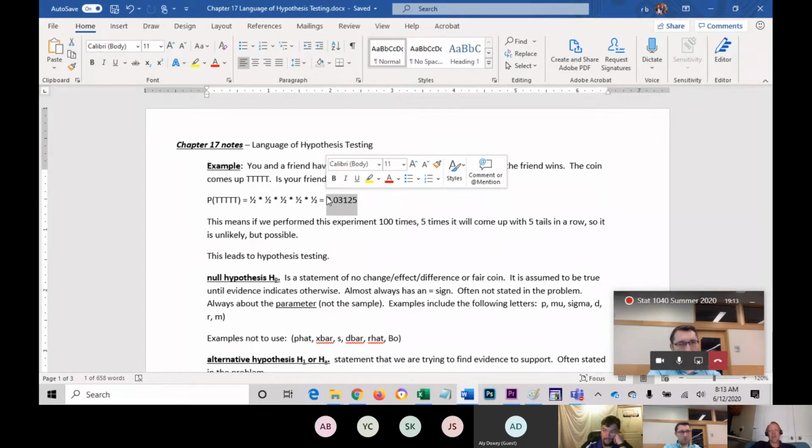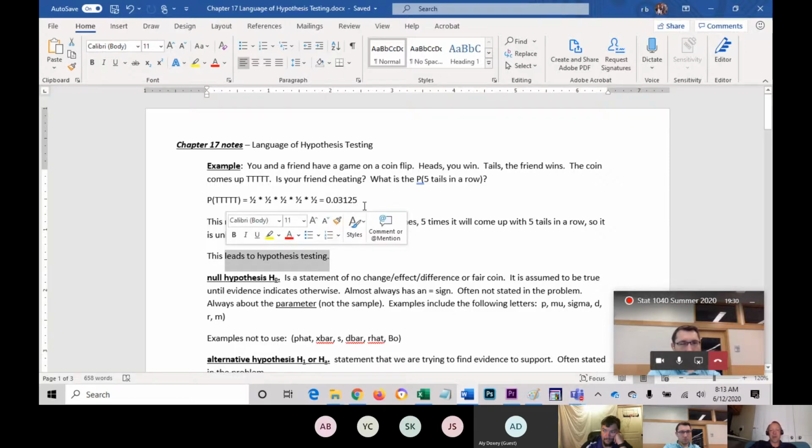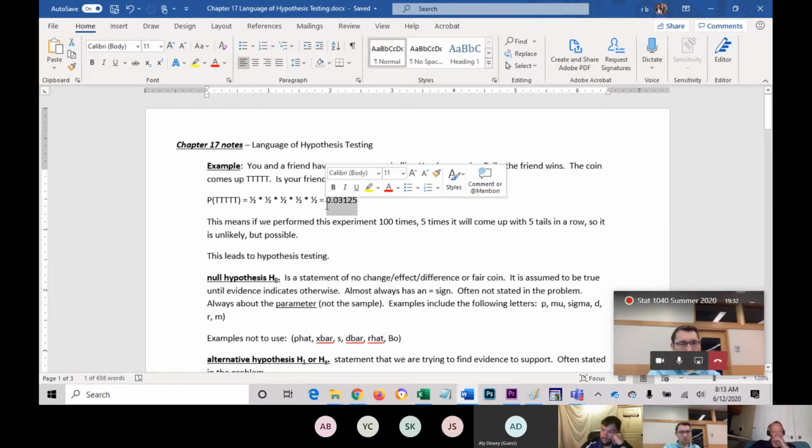It only comes up tails 5 times in a row 3% of the time. So you might be pretty confident that you could call your friend a cheater, but the friend might not be cheating, because it will happen 3 times out of 100.